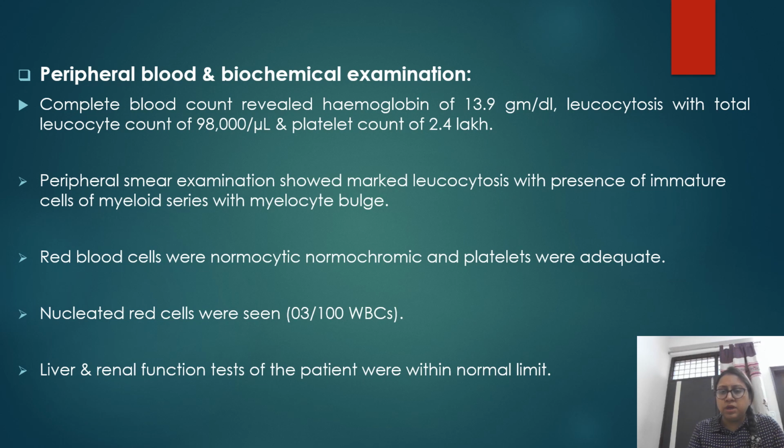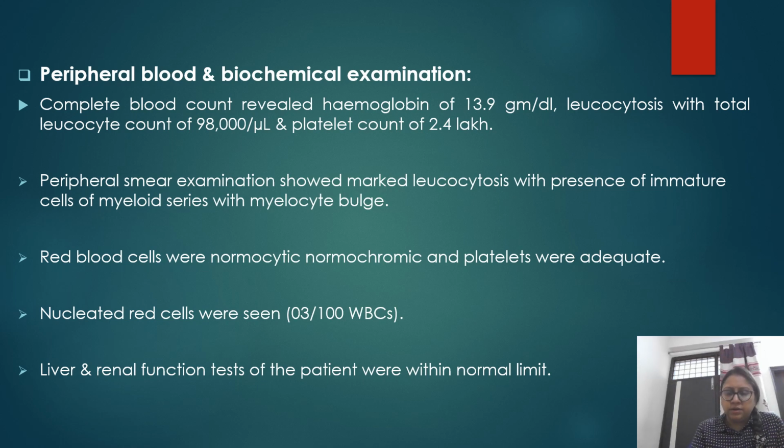Platelets were normal. On the peripheral smear, there was also marked leukocytosis, and we saw the presence of immature cells of myeloid series with myelocytic bulge. RBCs were normocytic, normochromic, and platelets were adequate.